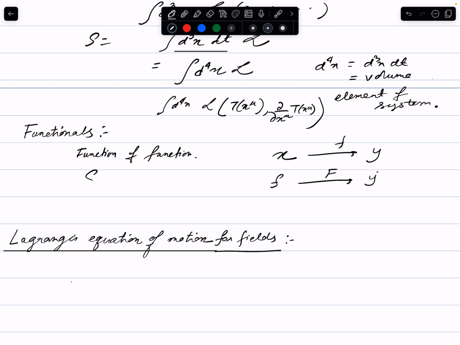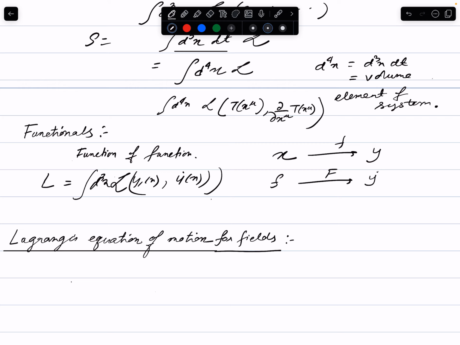So here the action of the Lagrangian is a functional because the Lagrangian takes some function t of x, let's say a field, or y of x, and its derivative also, and it maps it to some number which is given by this.